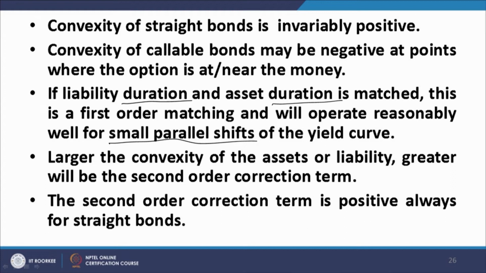However, the larger the convexity of the assets or liability, the greater will be the second order correction term. Naturally, the larger the convexity, the greater the magnitude of the second order correction. And please note this point, this convexity correction is always positive. So, what happens if the asset convexity is higher and the liability convexity is lower?